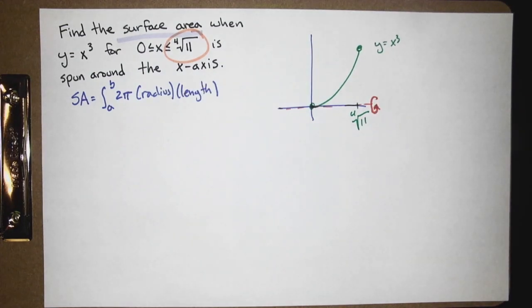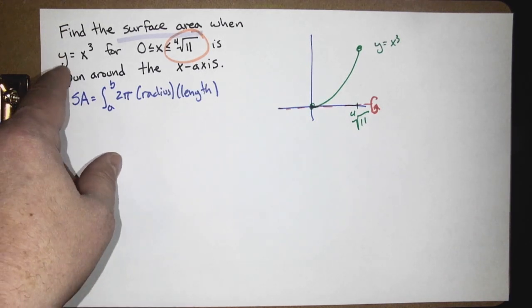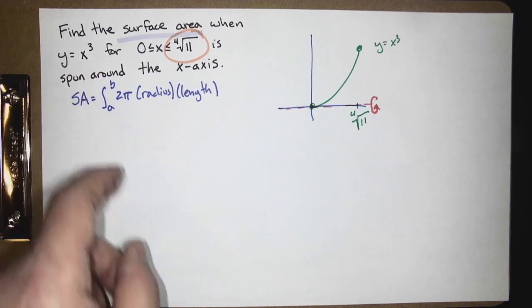And I like to mark that as reference. Okay, so now with this in mind, we have to make a decision. Do we integrate with respect to x or with respect to y? There aren't necessarily wrong answers here. You can do either. However, I tend to be biased, and I say, well, look, how is the problem presented to me? I'm given y as a function of x.